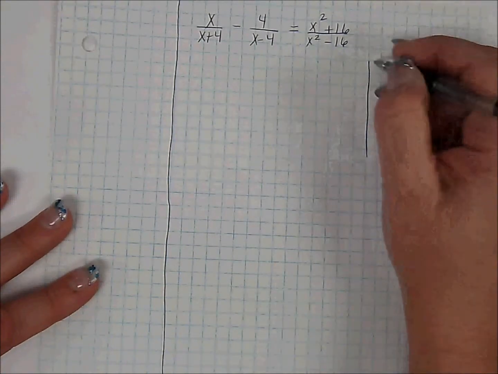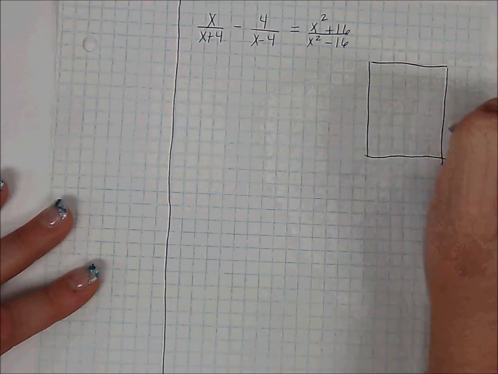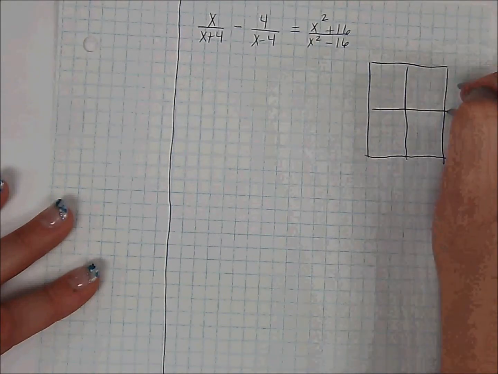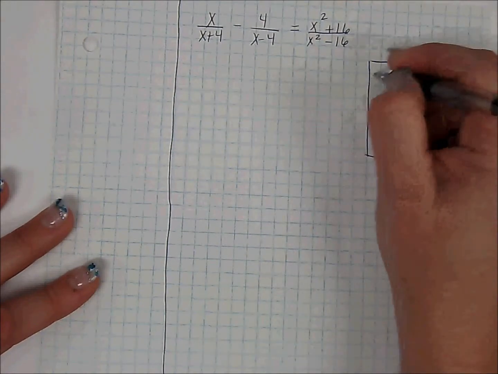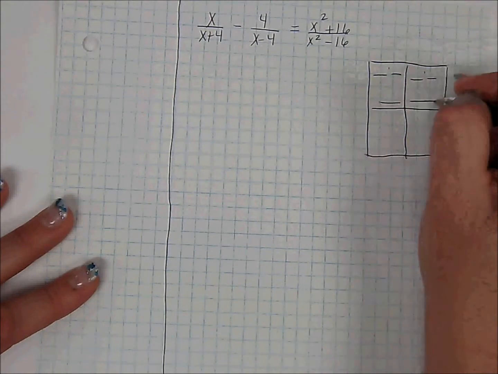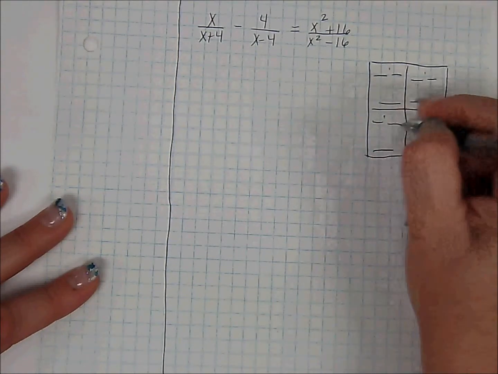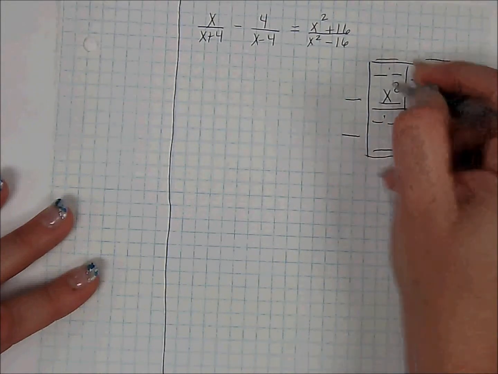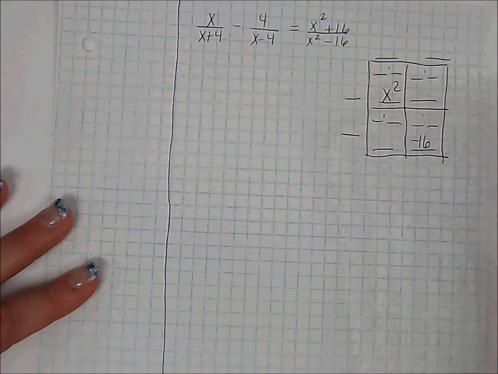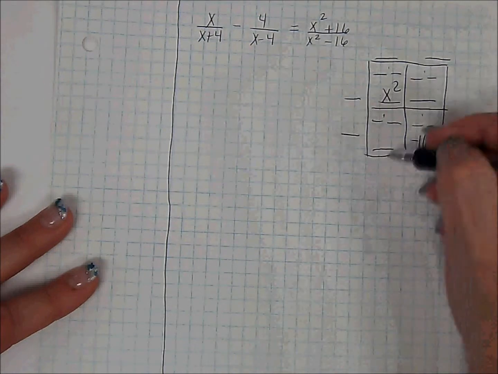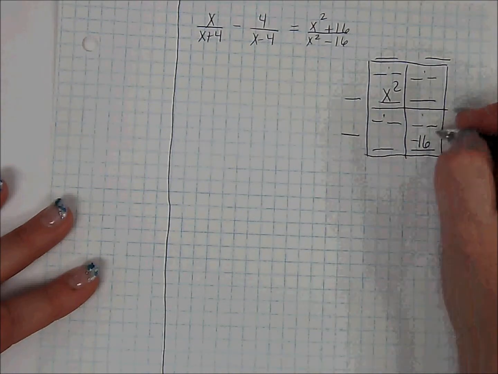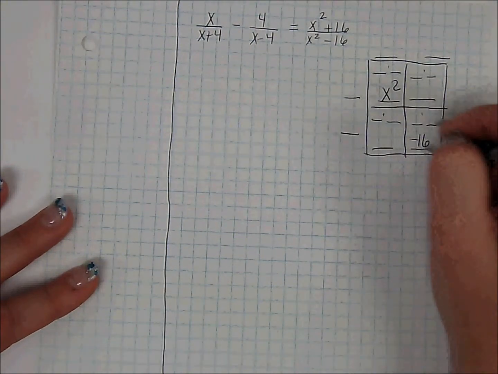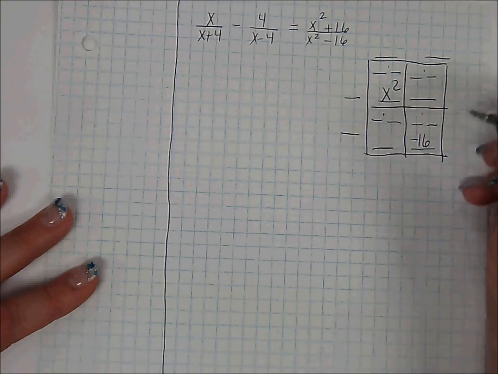So I'm going to do a box, and if you do reverse FOIL, no problem. X squared goes here, negative 16 goes here. I know the middle is going to be a 0, so I'm looking for two numbers that multiply together and give me 16, but when you add them, you get a 0.